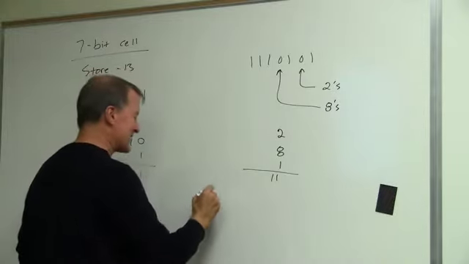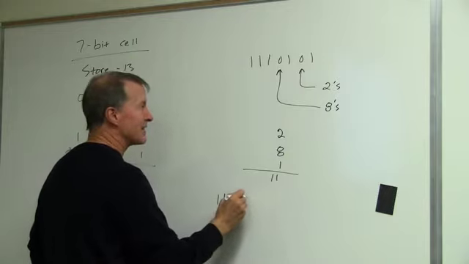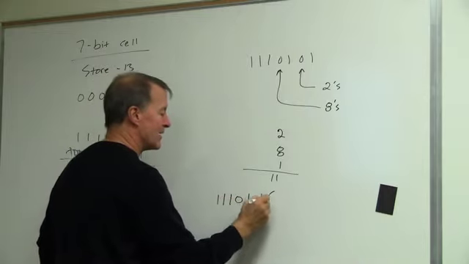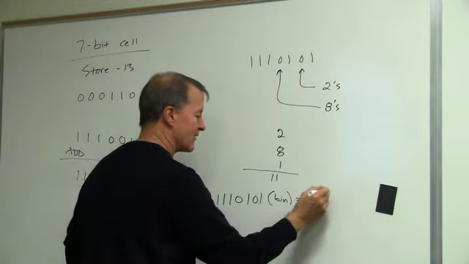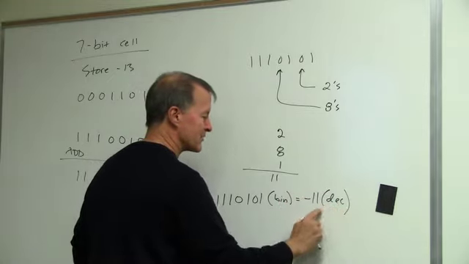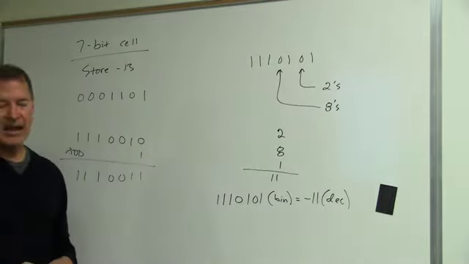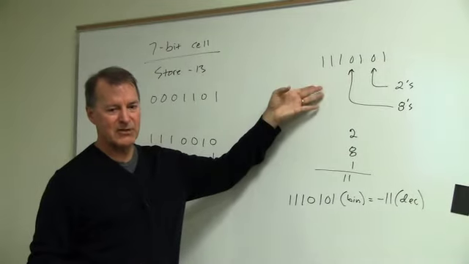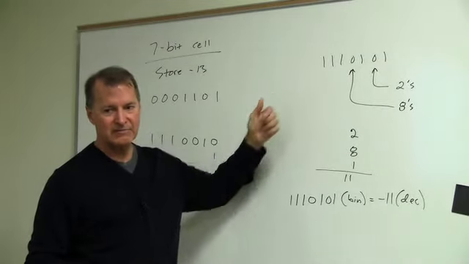But anyway, pull an example out of the air at random. 1, 1, 0, 1, 0, 1 binary equals negative 11 decimal. Fortunately, we have this notation, so we know this is a decimal number. Cool. And if you want to, you could double check, you could verify this by flipping all these bits and adding 1, and that should be 11.